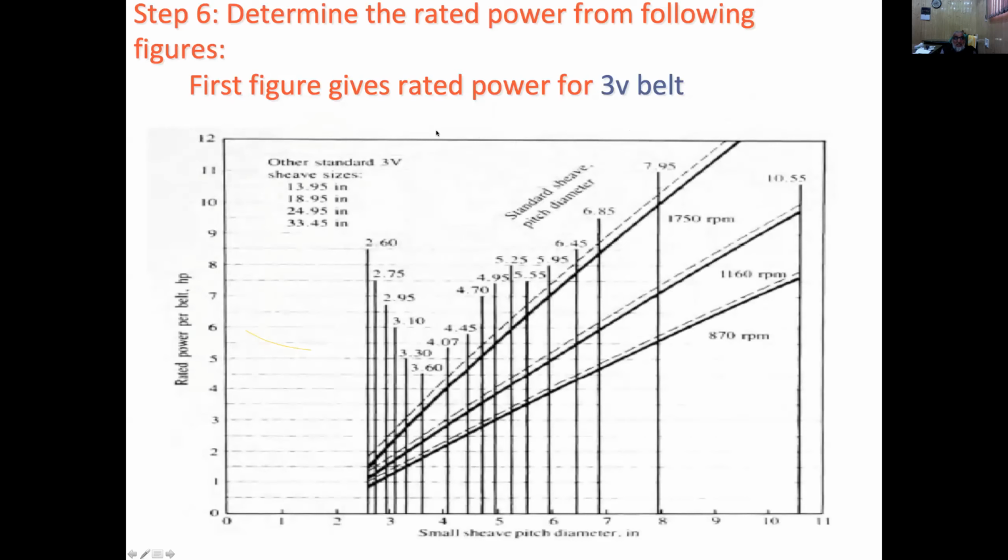Now you can see here, determine the rated power for the following belt. You have selected the 5V belt, isn't it? Now you have to determine the rated power for that belt, which is based on sheave diameter, the sheave or pitch diameter.